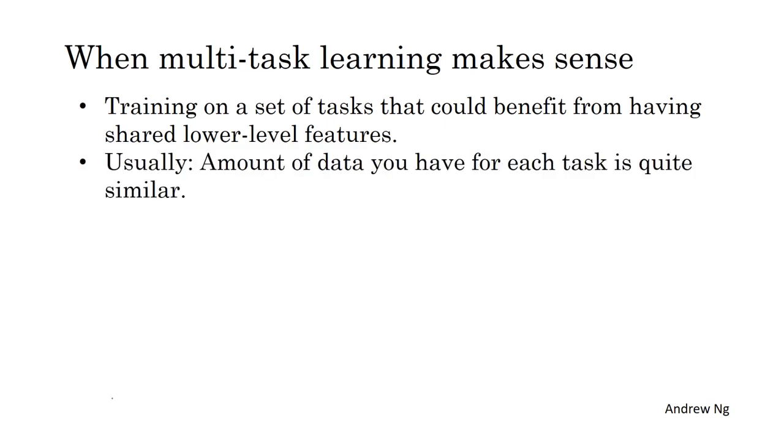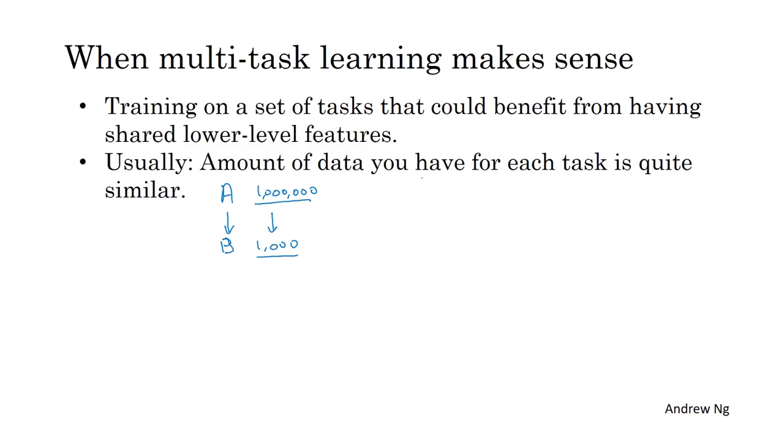Second, this is less of a hard and fast rule, so this isn't always true, but what I see for a lot of successful multitask learning settings is that the amount of data you have for each task is quite similar. So if you recall from transfer learning, you learn from some task A and transfer it to some task B. So if you have 1,000,000 examples for task A and 1,000 examples for task B, then all the knowledge you learn from that 1,000,000 examples could really help augment the much smaller data set you have for task B. Well, how about multitask learning?